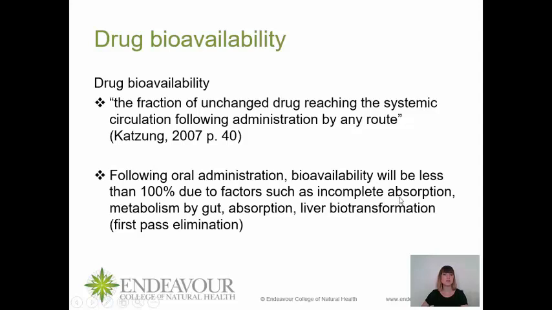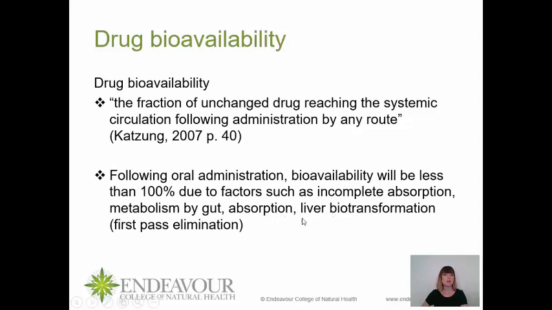Some drug might simply skip its way down through the gastrointestinal tract and end up in the feces without ever actually meeting the wall of the intestines or the wall of the stomach and being able to be absorbed. Some of the drug might get broken down in the gut and be metabolized there. And the amount of absorption across the biological membranes of the gut could vary.